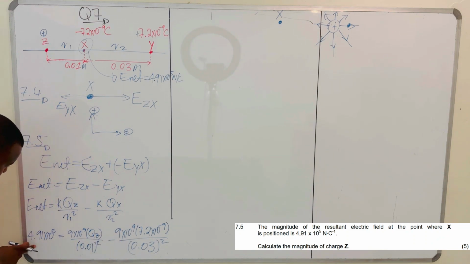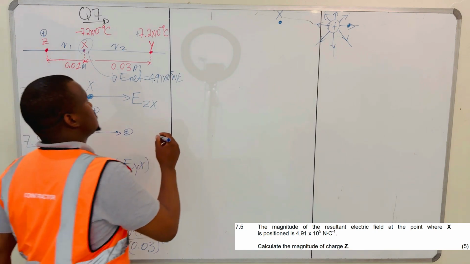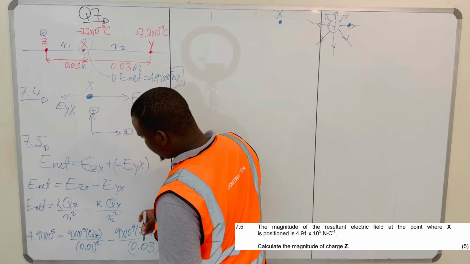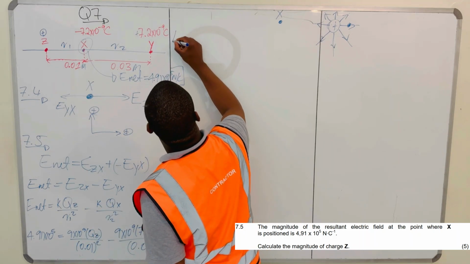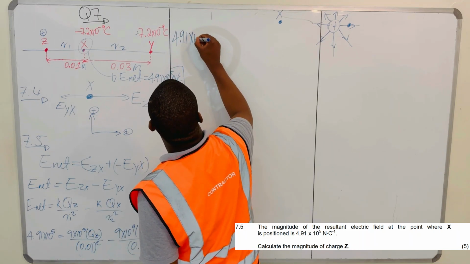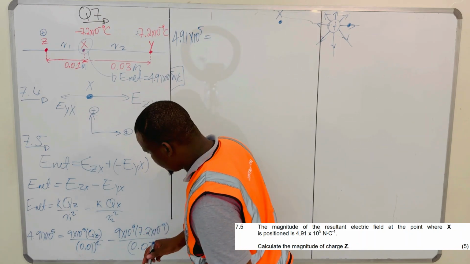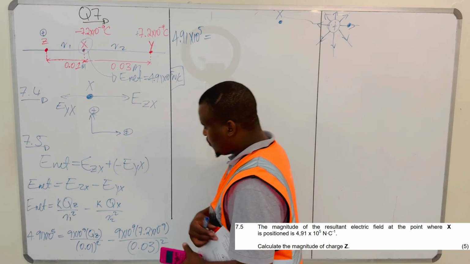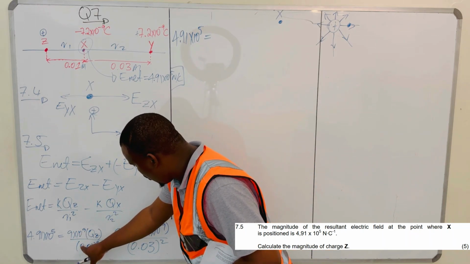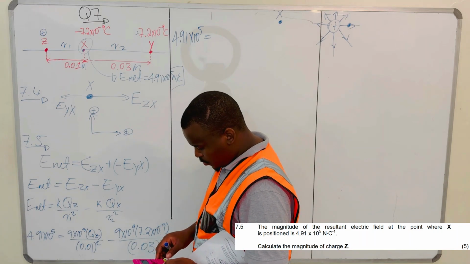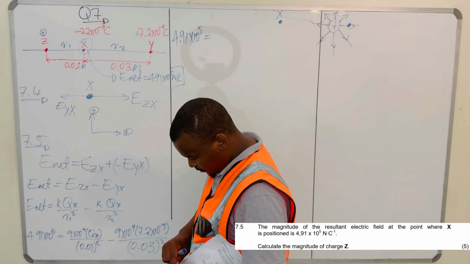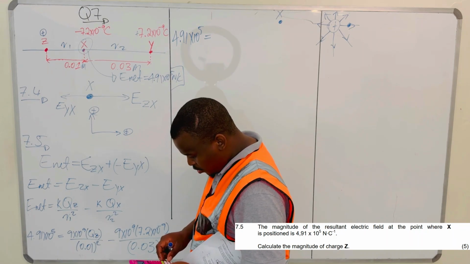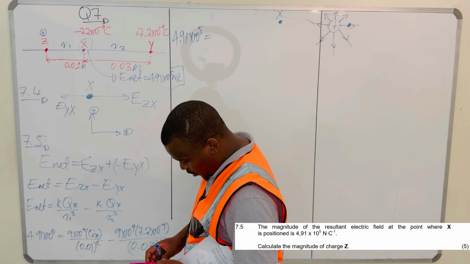We can take this to this side, or maybe I'll try to find numbers first. So we have 4.91 times 10 to the 5 is equal to the answer to this. Let's compute 9 times 10 to the power 9 divided by 0.01 squared. So what do we get?